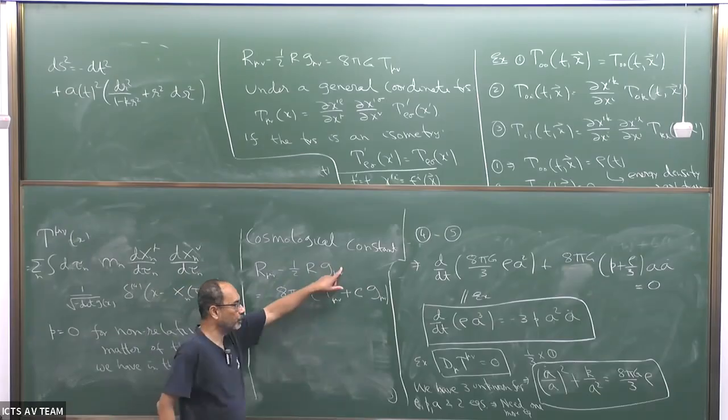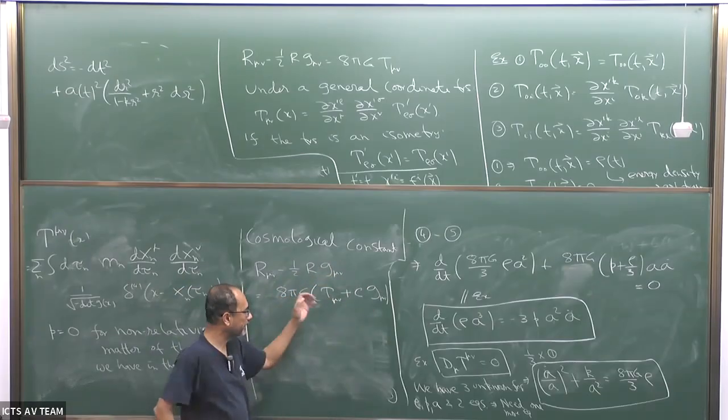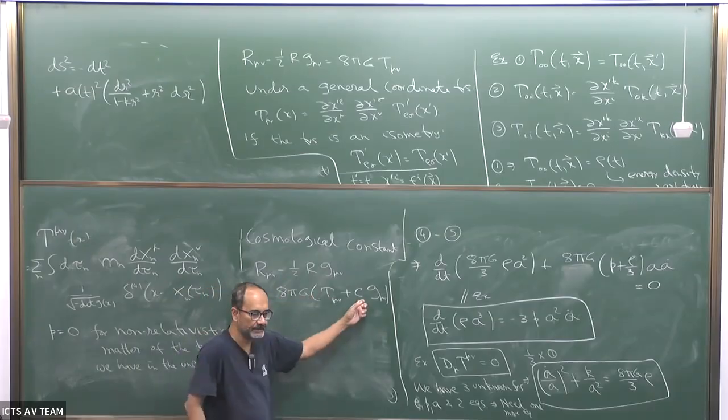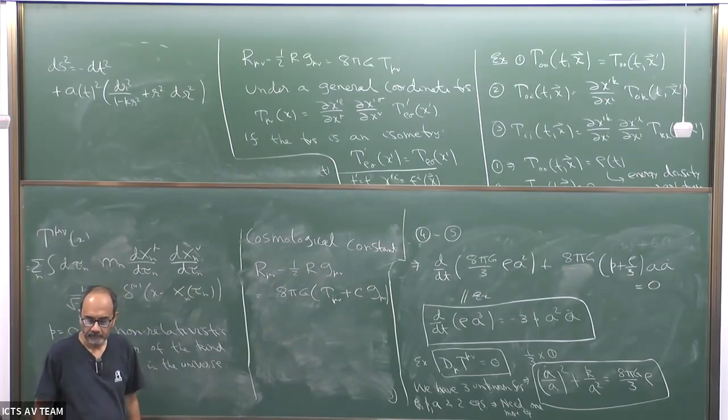This was to begin with on the right hand side. I have just taken it to the left hand side and I have extracted a factor of 8 pi G and called this some constant. Is that clear?